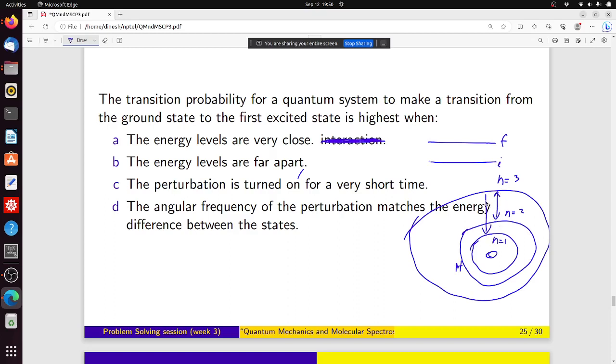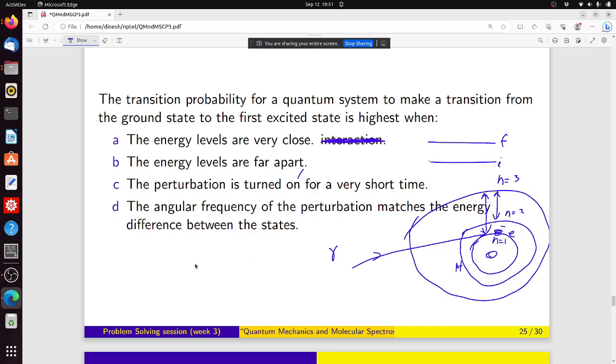How will I make a transition of this electron from one state to another? I'll give some external energy to this electron, right? So let's say I am giving some photon. I have to provide some energy to this electron orbiting the nucleus, so that it gains energy and makes a transition to another state.